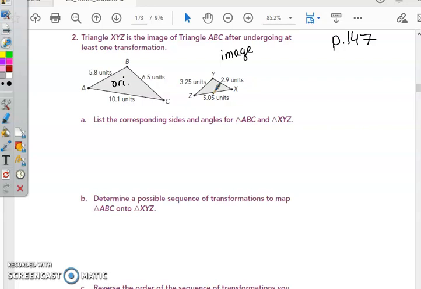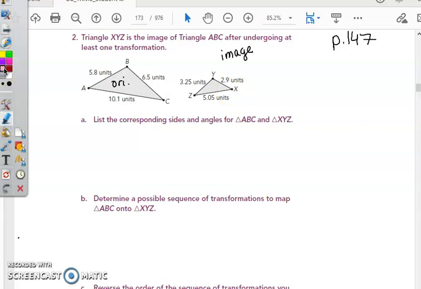So what we want to do is make sure our side lengths, we're going to highlight those so that we know which ones correspond to which. If these are similar, then they should all have the same scale factor.